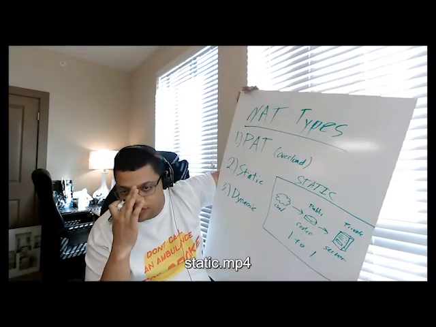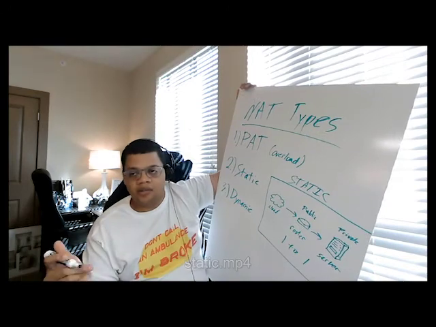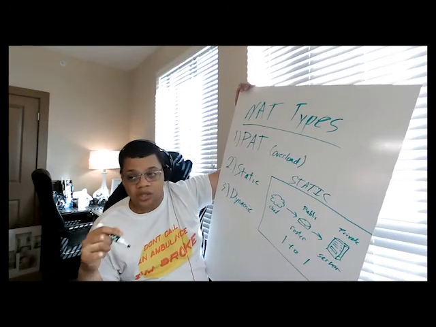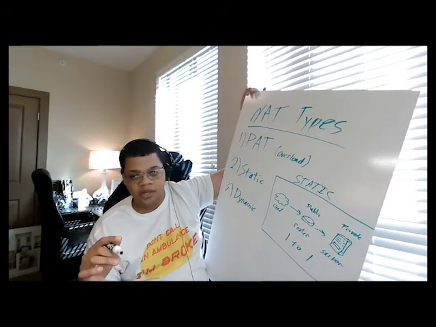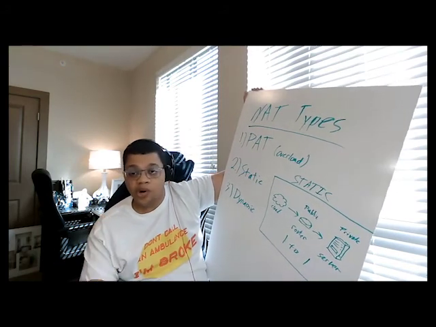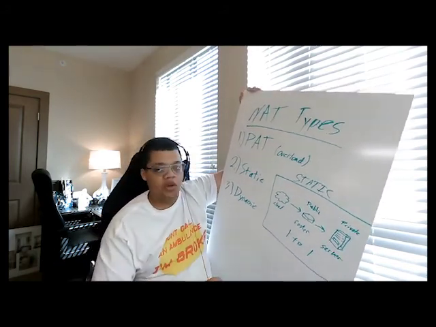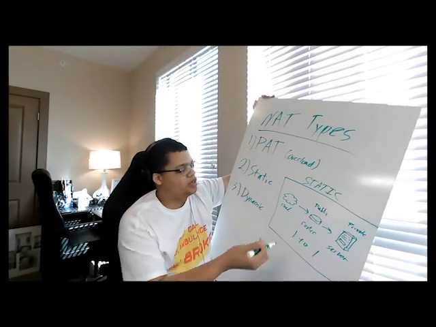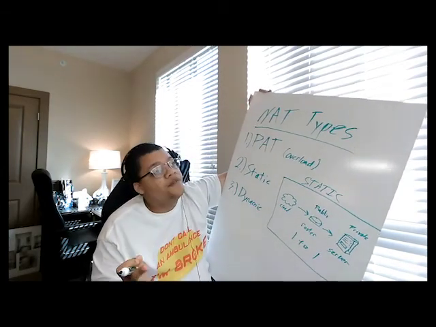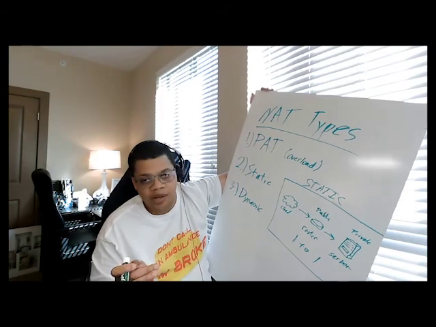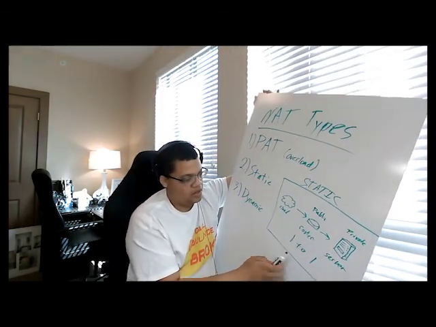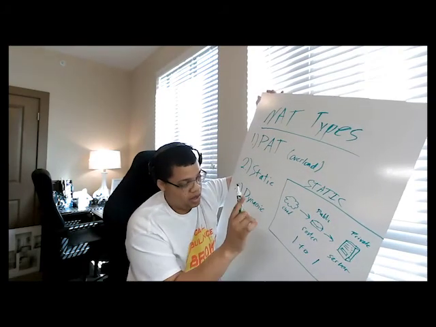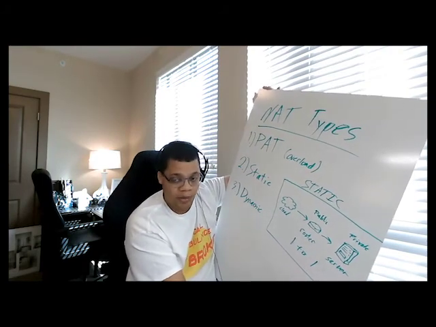Okay, so next up is static, and static is very similar conceptually to PAT, but the main difference is that it's a one-to-one situation. So let's say people visit the public IP address, and that one public IP address gets translated to a single private IP address.